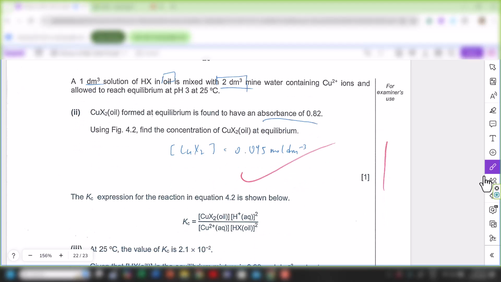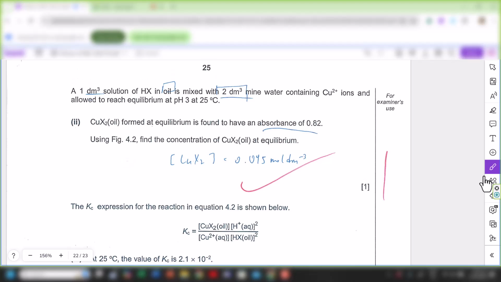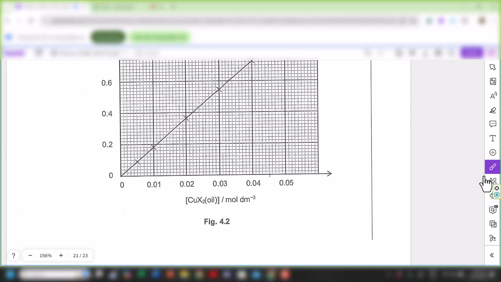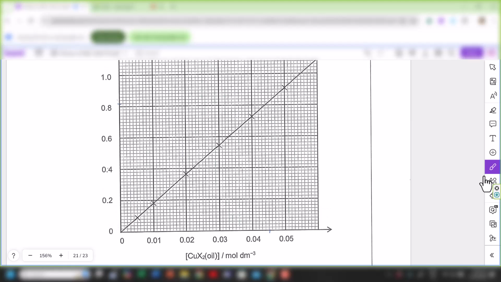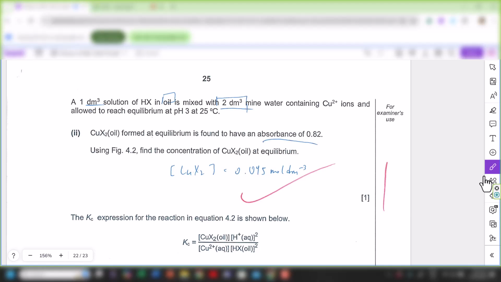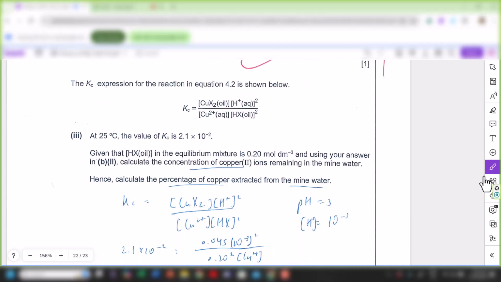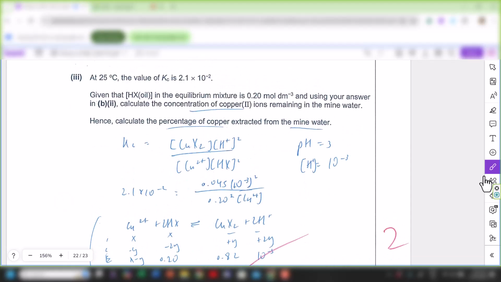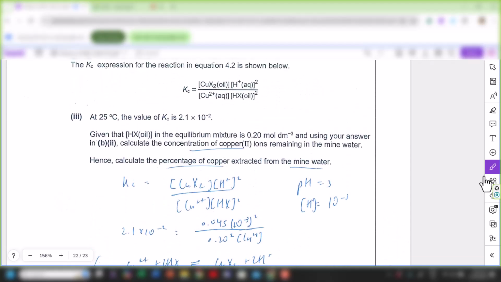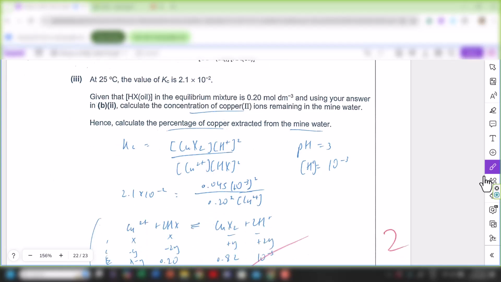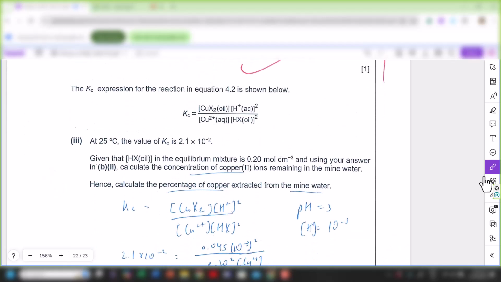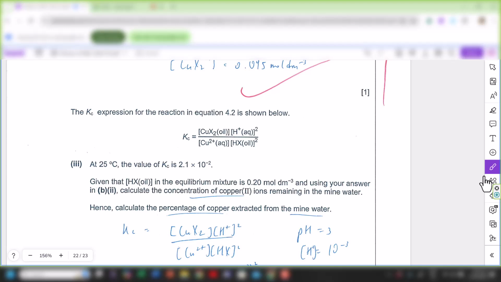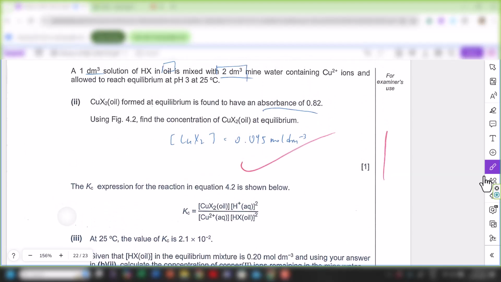Based on that, they ask you, absorbance 0.82, so what is the concentration of CuX2? So for 0.82, you just check, and you notice that it is 0.45, right? Then based on this, you just need to substitute in the correct numbers. Because they tell you the Kc is 2.1, and you know the H plus concentration, I hope. Do you know that? Yes, pH 3.